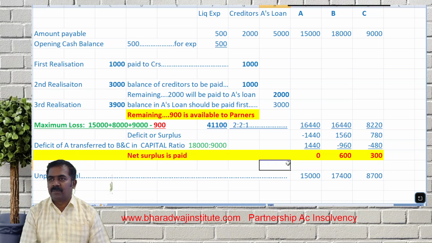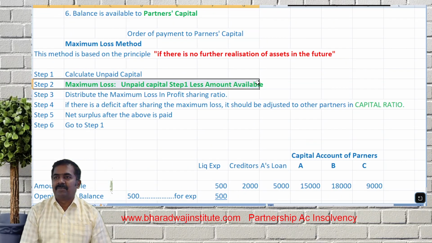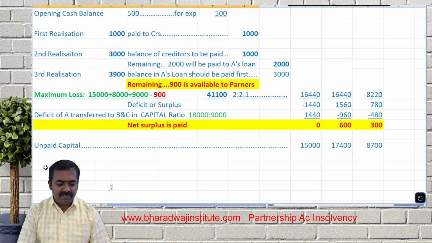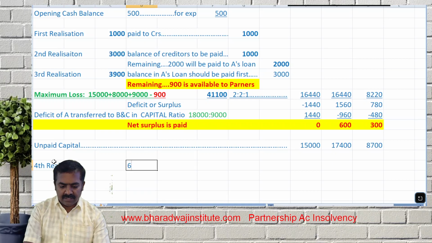Go to step 1, done. Then what is step 2? Calculate maximum loss. Now we are in which realization? Fourth realization. How much have they given in the fourth realization? 6,000.